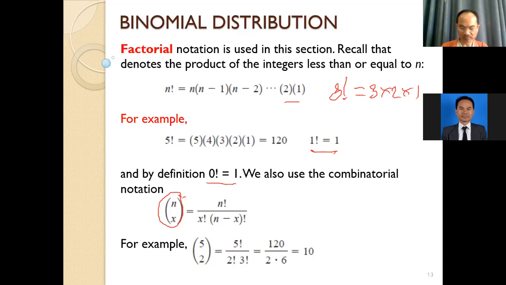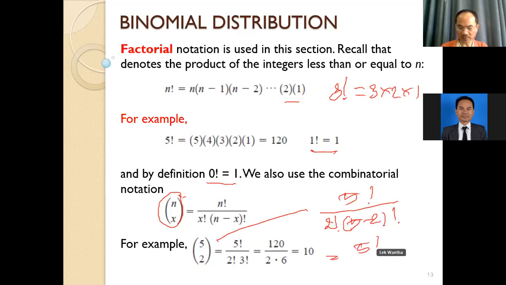For example, 5 choose 2 is 5 factorial divided by 2 factorial multiplied by (5 minus 2) factorial. That equals 5 factorial divided by 2 factorial times 3 factorial, since 5 minus 2 is 3.